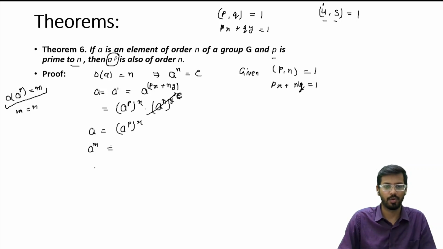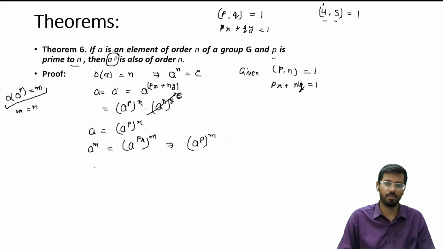So a raised to power m, taking power m on both sides, a raised to power px raised to power m. From this we can take a raised to power p raised to power m, and whole power x.